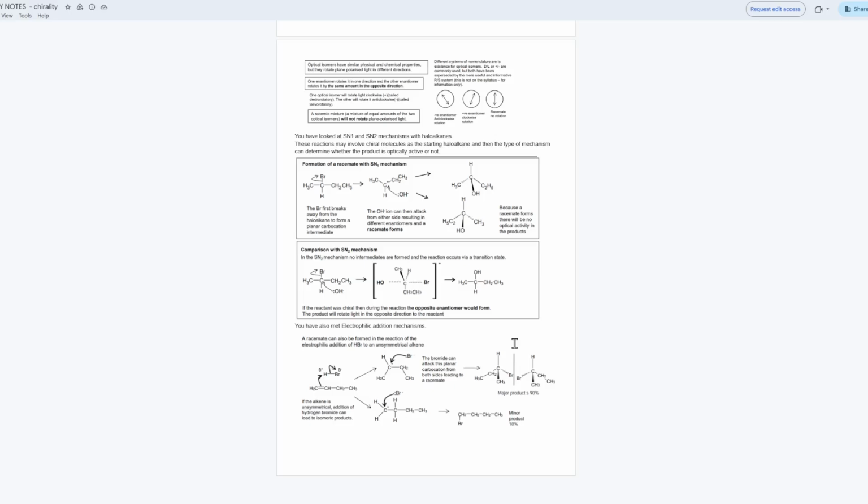This means that only one enantiomer can form from the carbocation, from the mechanism, from the reaction.